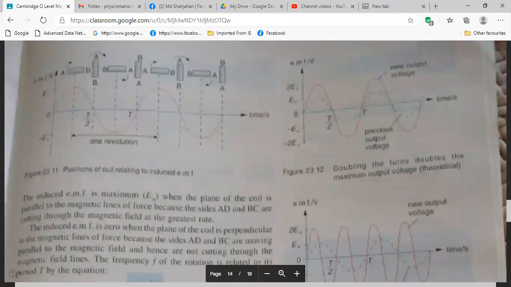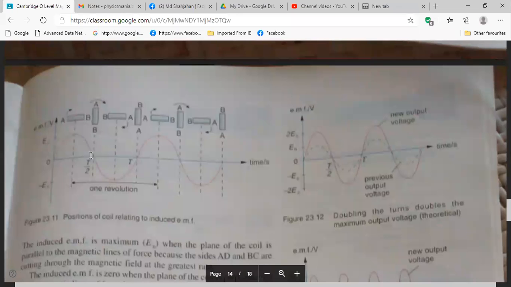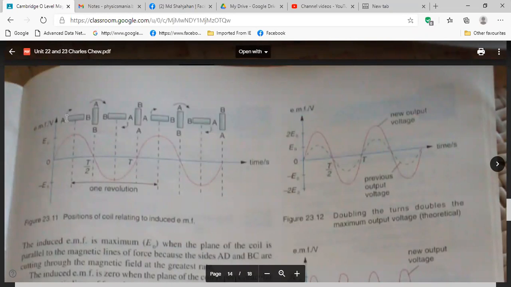In the AC generator graph, we see AB in the horizontal position. And one thing I told you: at this position AB, we have maximum magnetic field lines cut. That's why we have maximum EMF.